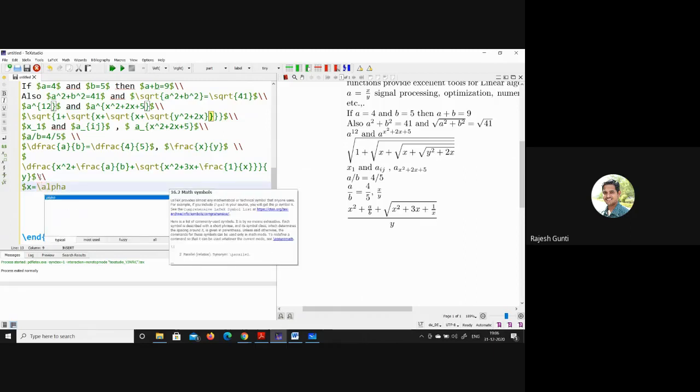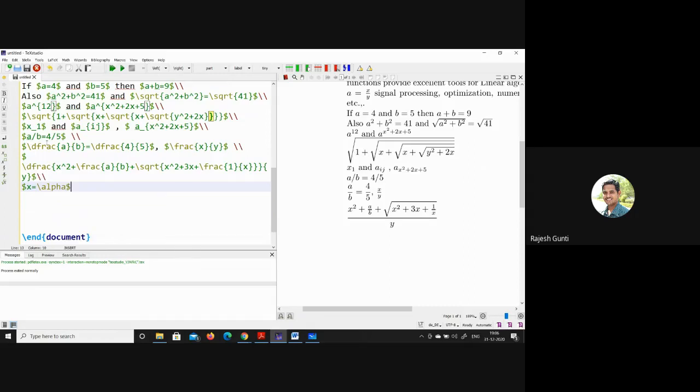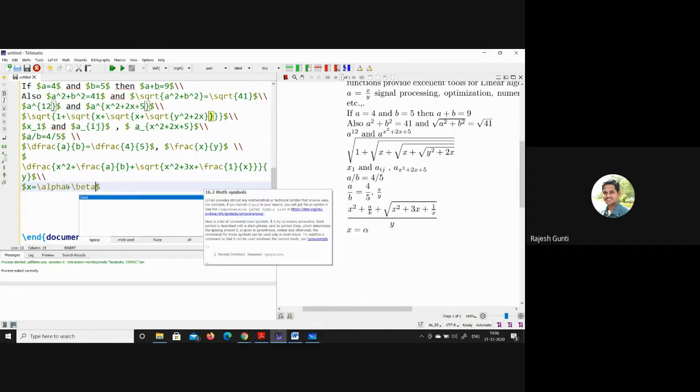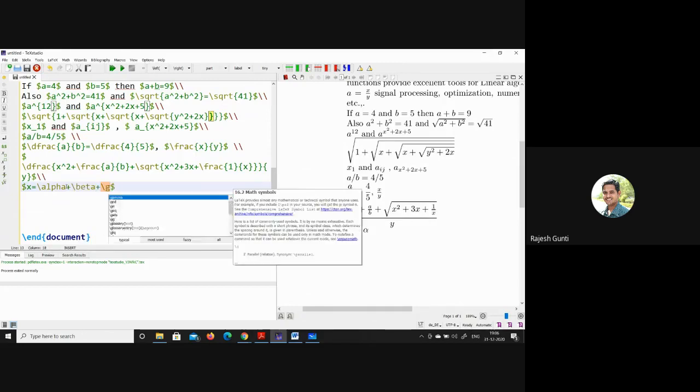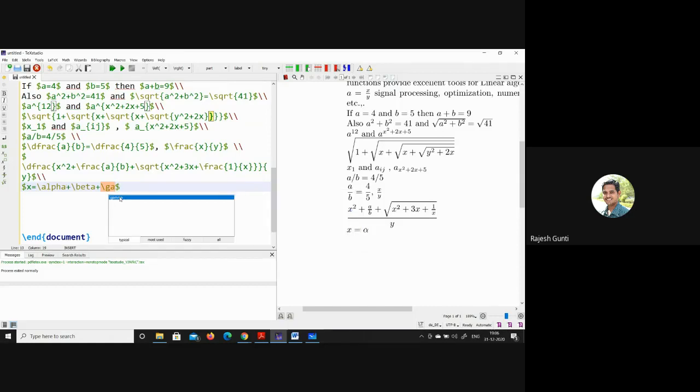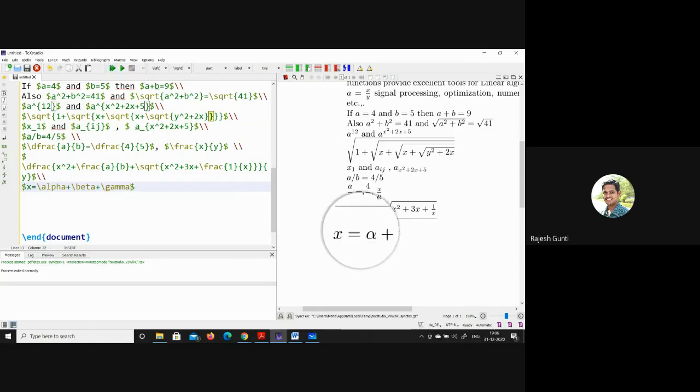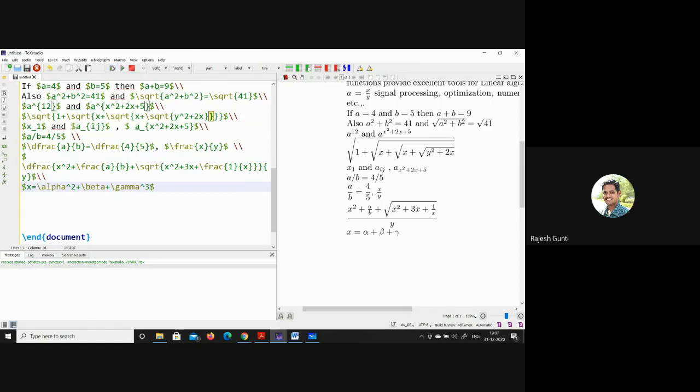We just type A L P H. X is equal to alpha plus beta plus gamma. For example, alpha square plus beta plus gamma cube.